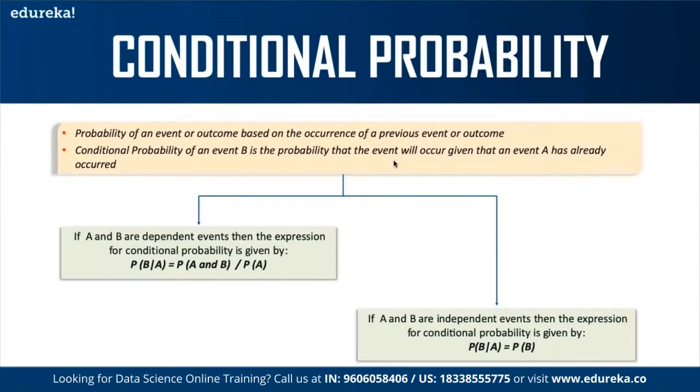Or suppose not exactly 13 but 11 or 12. What we are looking for will be a part of the entire dice status, and that is a simple example of conditional probability.